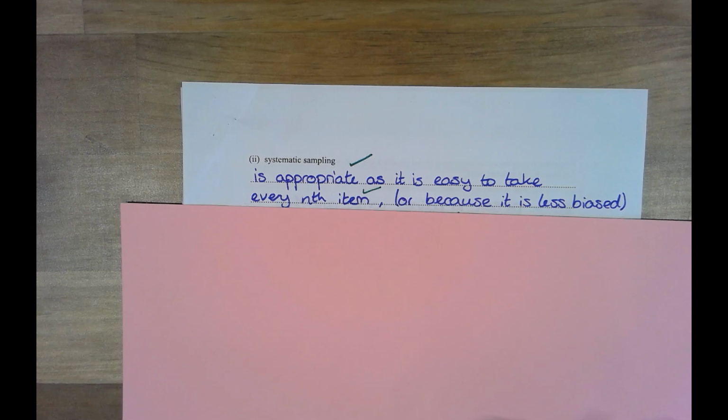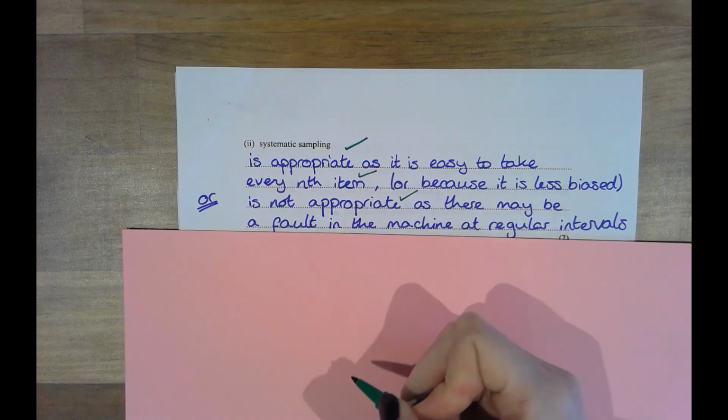For this question, we could also argue though that it's not appropriate. So we could have argued that yes it is, or our second option is a mark for that, and then a mark for saying that there may be a fault at regular intervals.